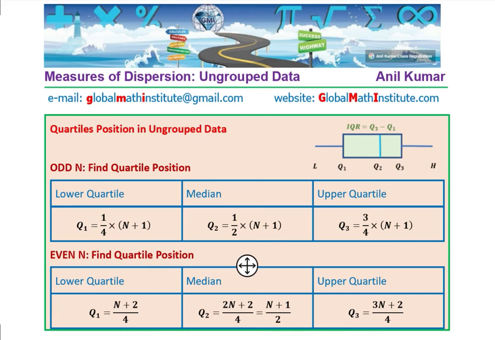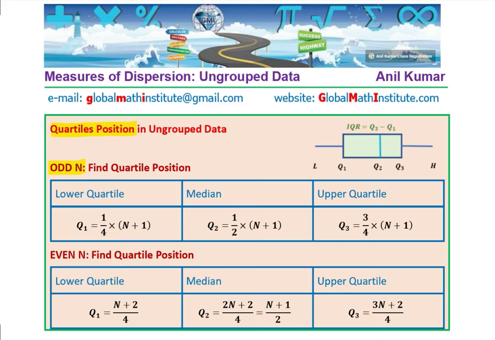Let's also look into the formulas. It is important to understand that these formulas only provide the position of quartiles. If you have an odd number of elements like 7, 9, 11, 13 and so on, then the quartile's position is given by this set of formulas.